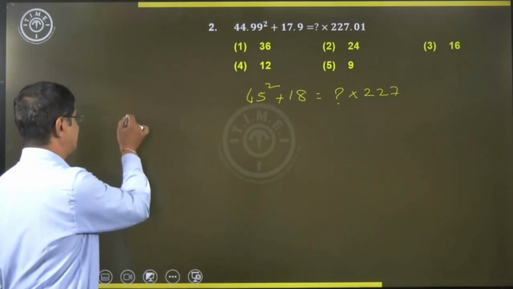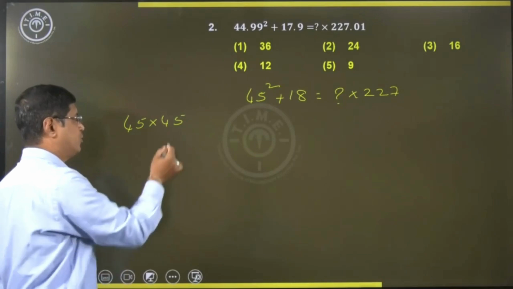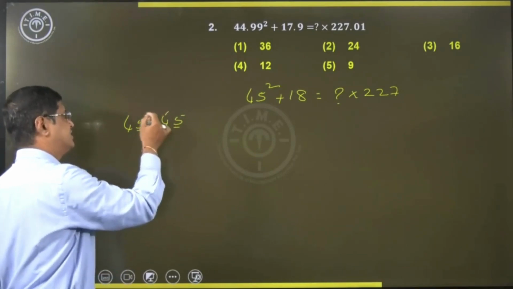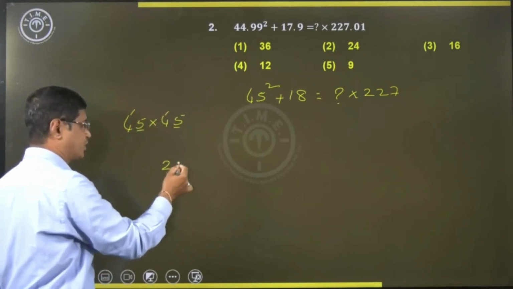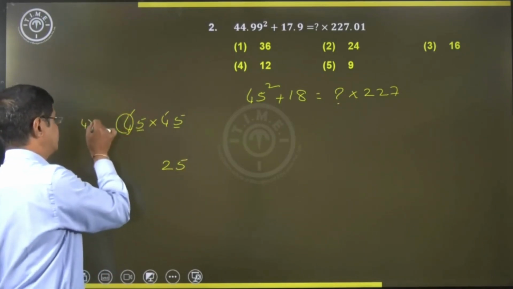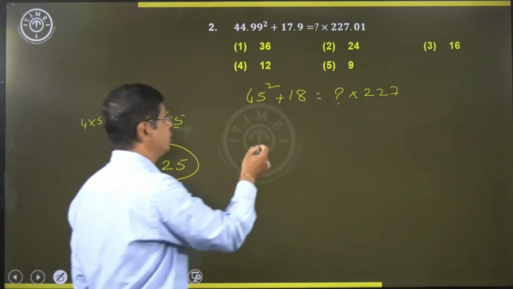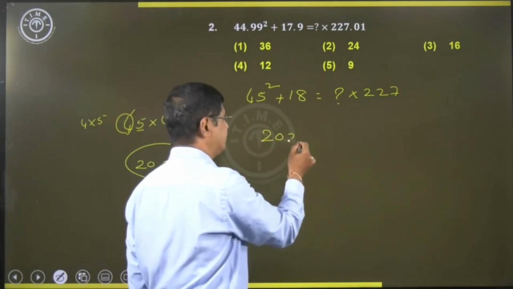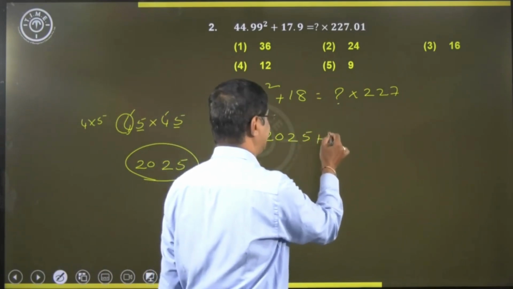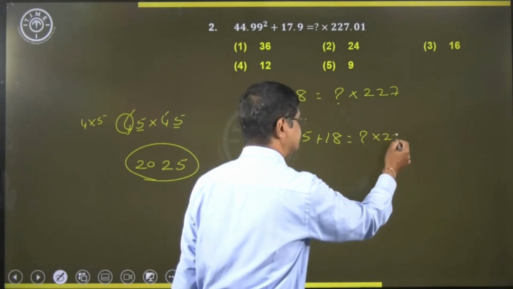Dear students, 45 square means 45 into 45. How much is the value? When the number ends with 5, the tens digit stays the same, in the last two places we get 25, and multiply the 4 with the next consecutive value, that is 5, giving 20. So what is the result? 2025. So 2025 plus 18 equal to question mark into 227.